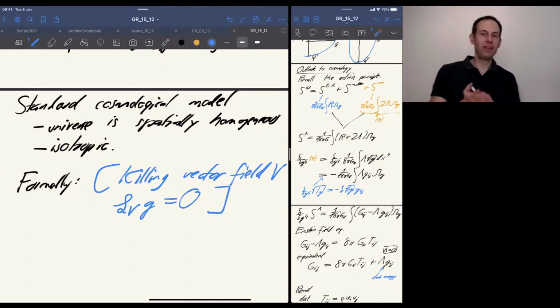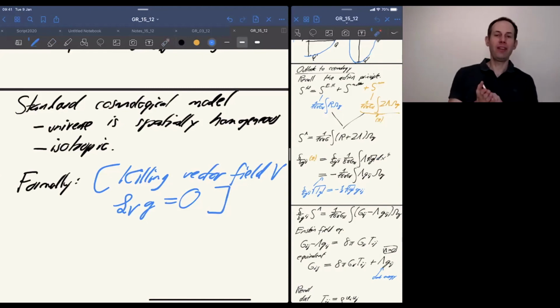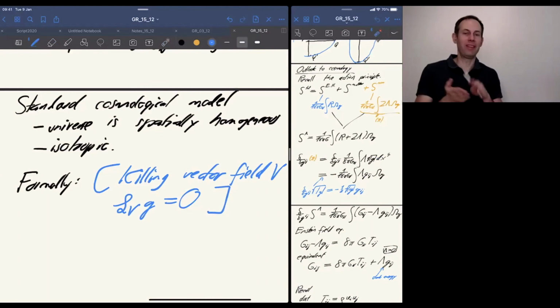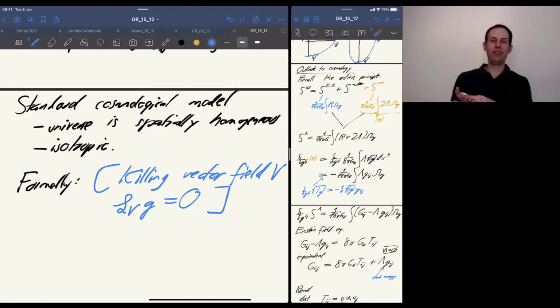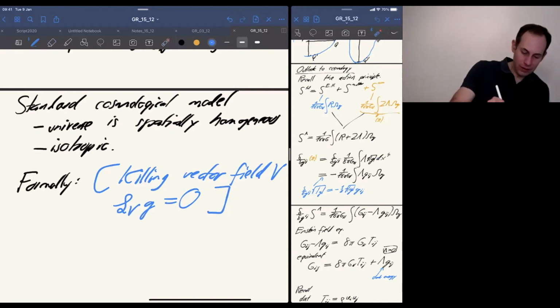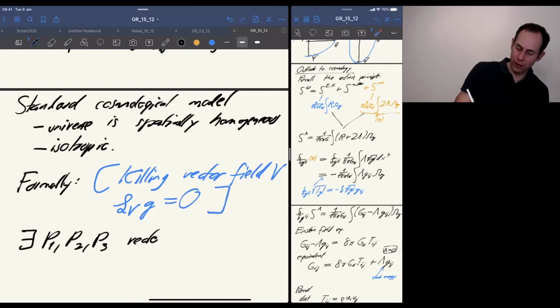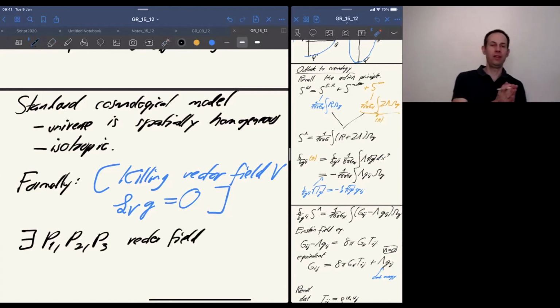And homogeneous means that there are always three directions in which I can float, namely the three spatial dimensions, such that the metric doesn't change. So the idea is that there are three such fields, P1, P2, P3. These are vector fields, but you should think of them as flows into the three possible spatial directions.